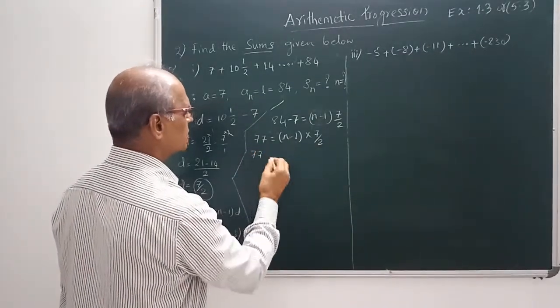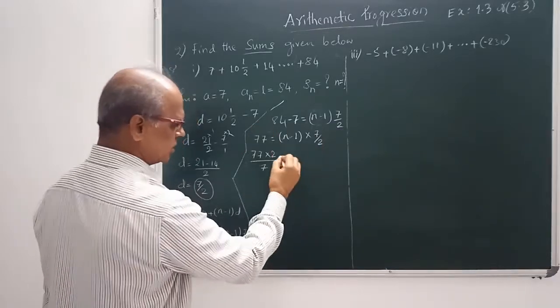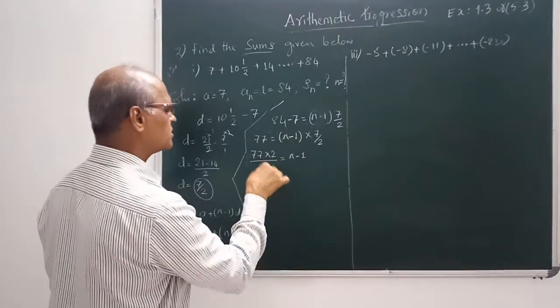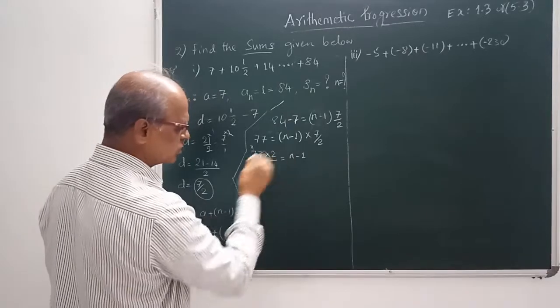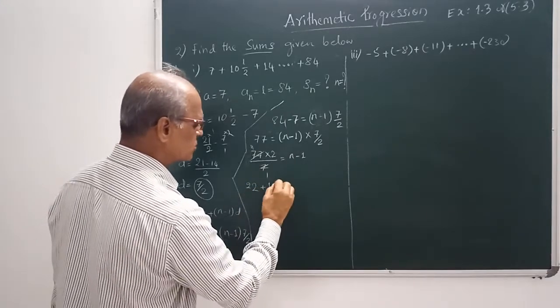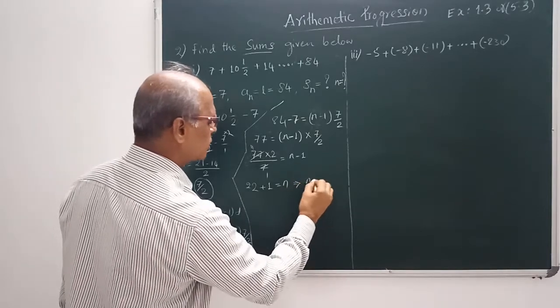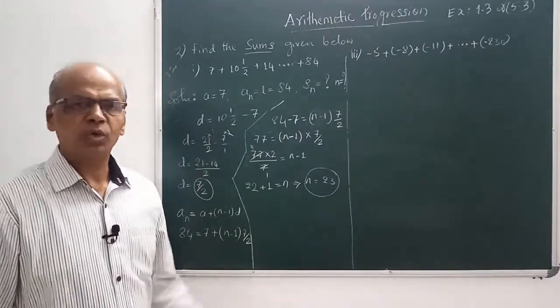So 7 into 2 divided by 7, this 2 will go up, is equal to n minus 1. Right. So 7 ones are 7, 7 11s are 77, 11 twos are 22. This minus 1 goes to this side, that means 22 plus 1 is n. So what is your n value? n is equal to 23. Right. So you came to know what is n.